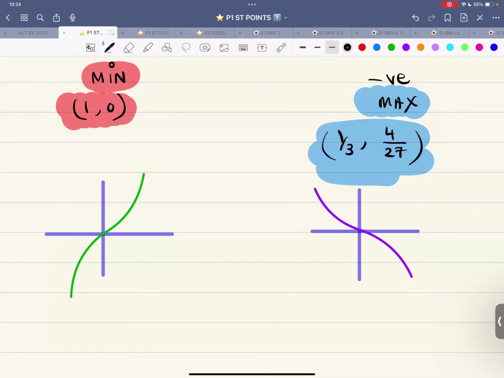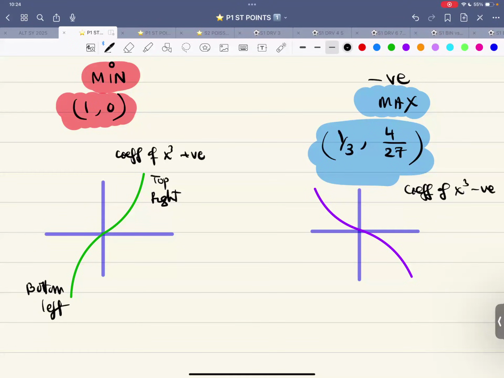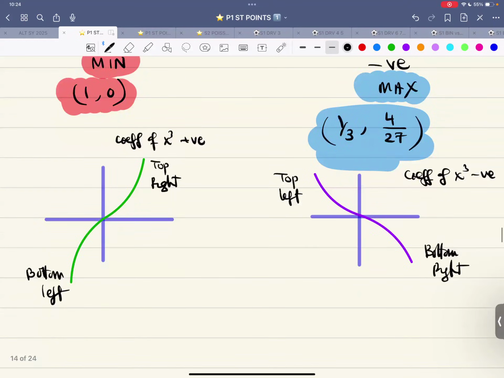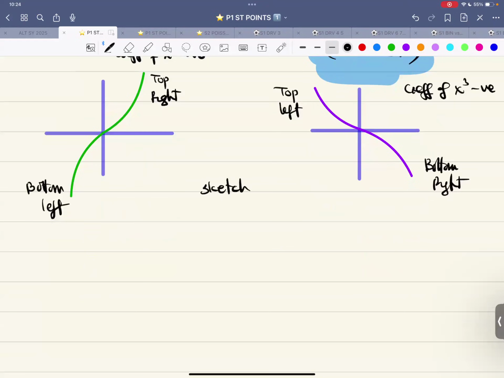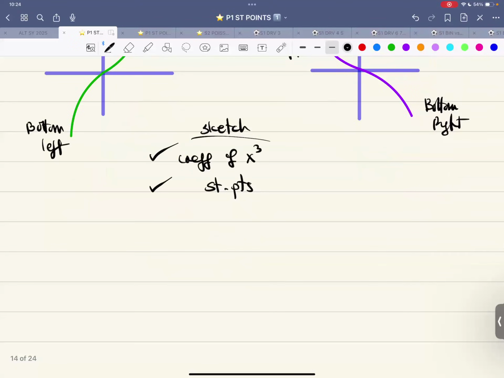If the coefficient of x cube is positive, it starts from top right and goes till bottom left. If the coefficient of x cube is negative, it starts from top left and goes till bottom right. Now, I'm interested in sketching this graph based upon the coefficient of x cube and upon the stationary points. Now, there are two stationary points.